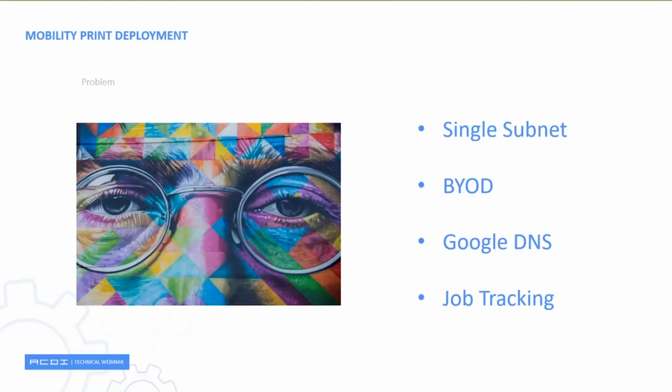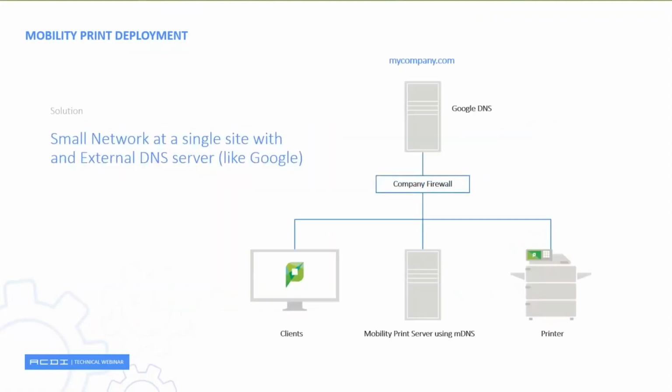As the users want to be able to use their computers, tablets, and mobile devices for printing, he decides that mobility print could be the solution he needs. He is running a single subnet. John configures the PaperCut mobility server to run through MDNS.